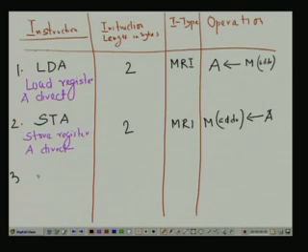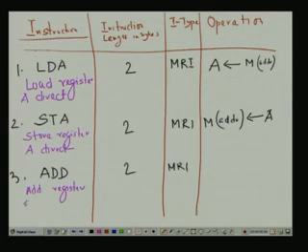Now, we see add, the addition operation. Again this is MRI. Add register A direct means A is replaced by A plus M, the memory address.